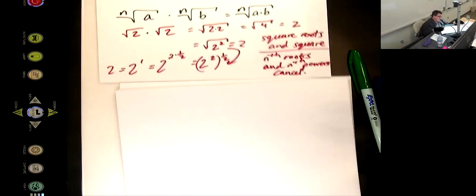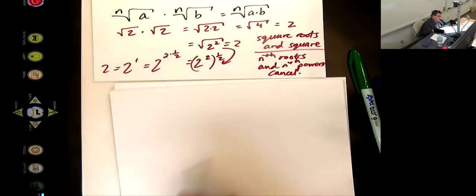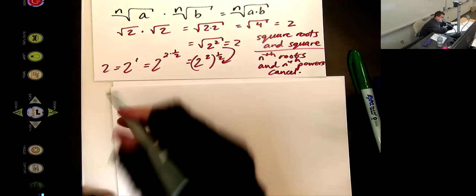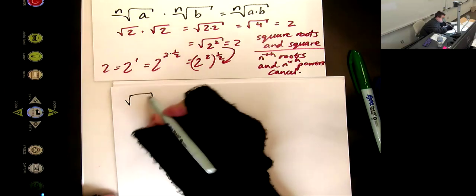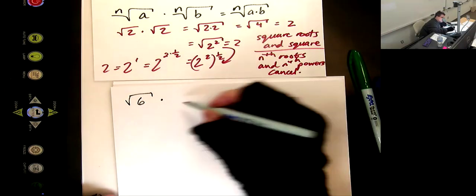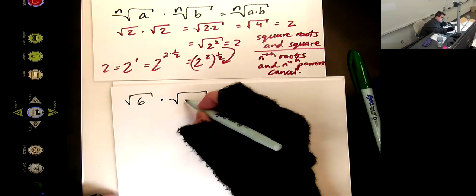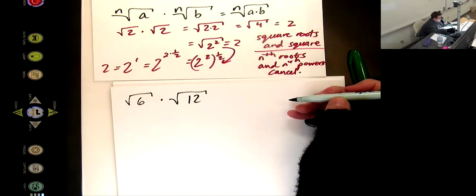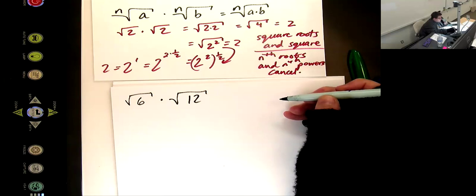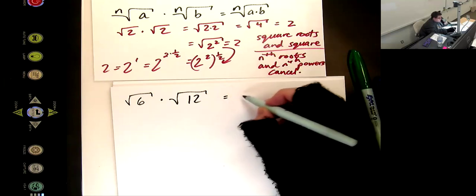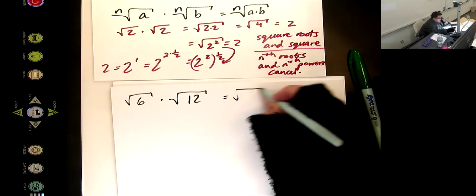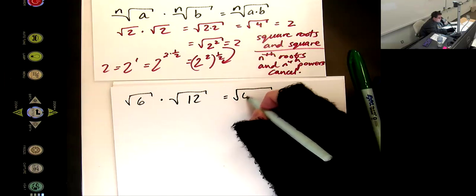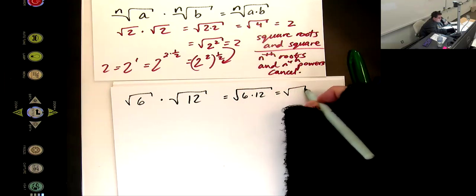So where else does this kind of help us? Well, if I've got the square root of 6 times the square root of 12, we have a couple options. We can do 6 times 12 and make this 72.